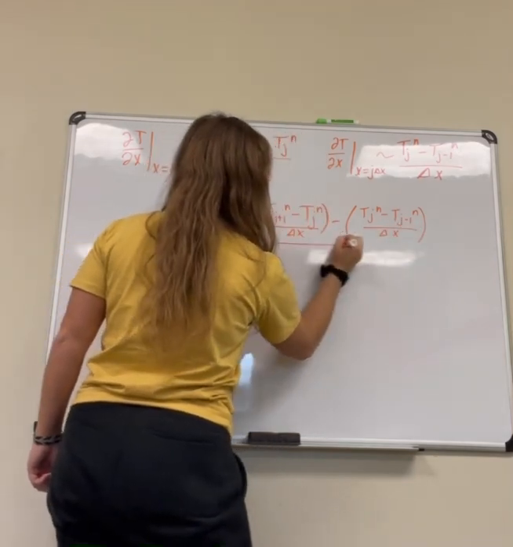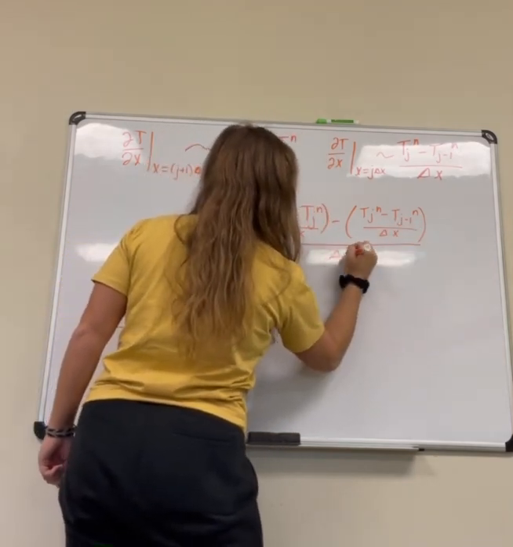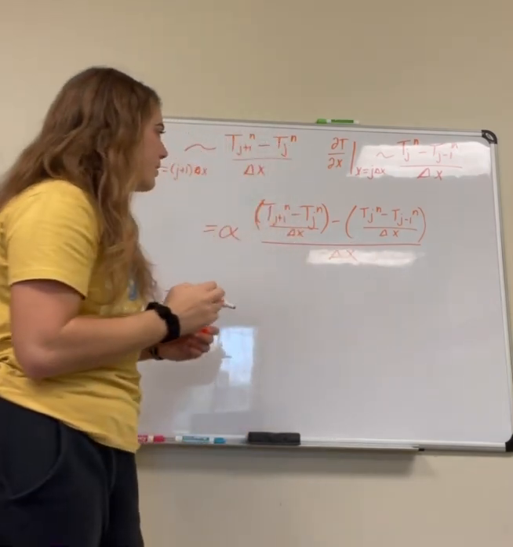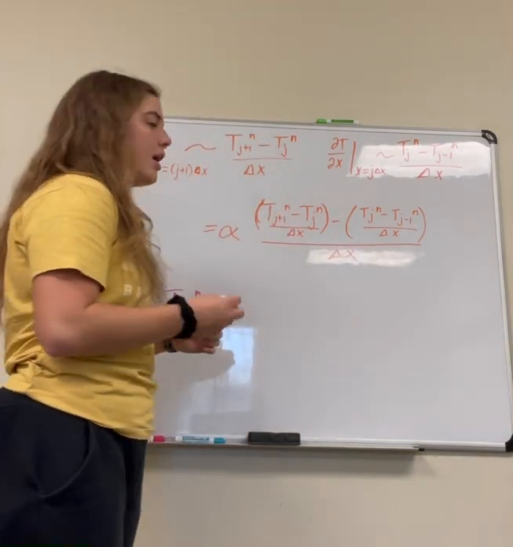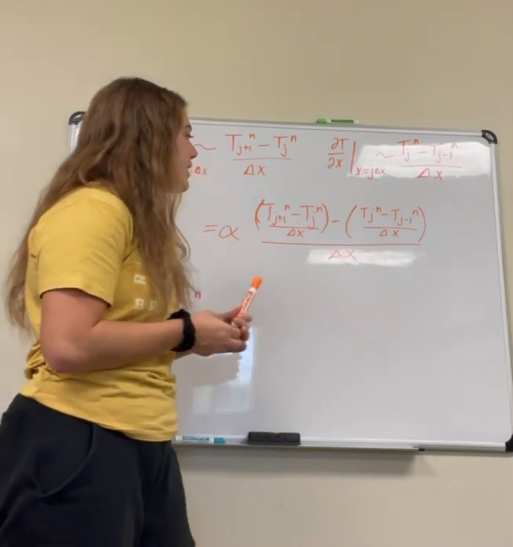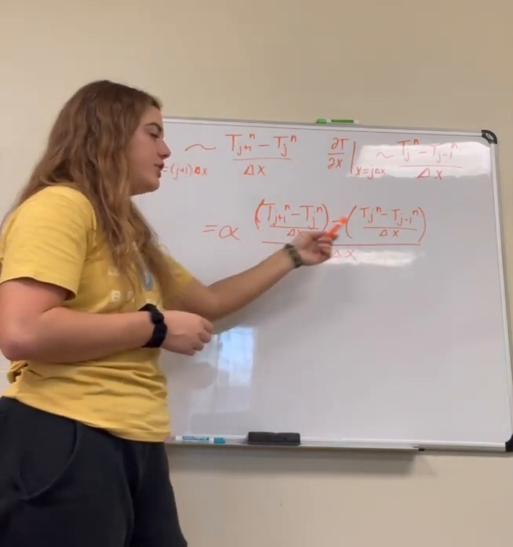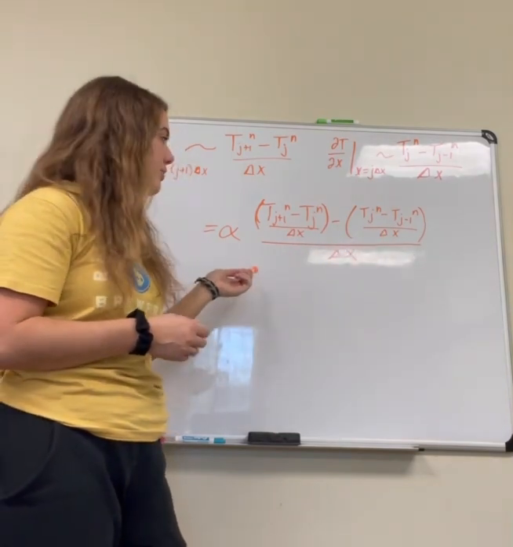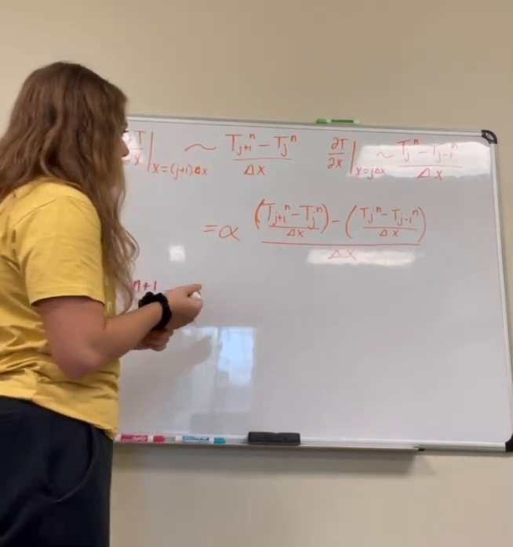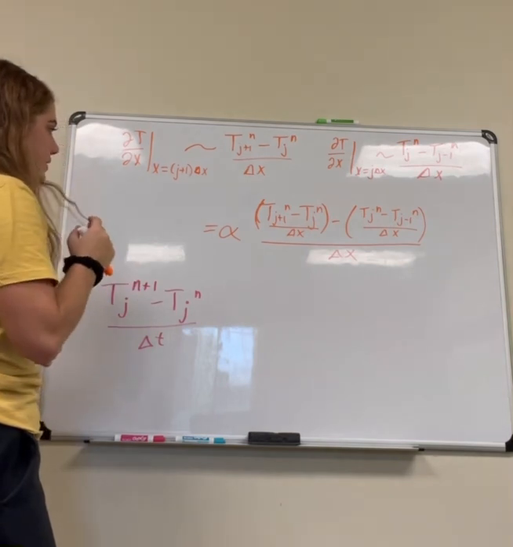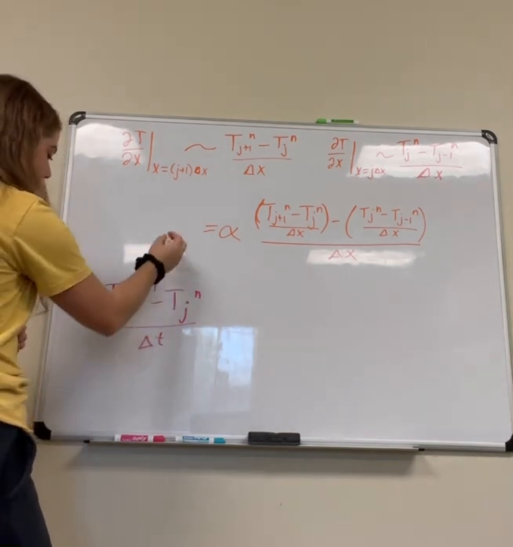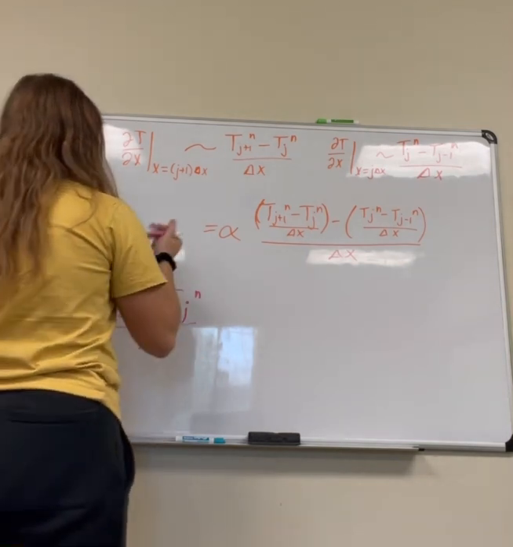And then putting all that over change in position. Okay, so basically you can then find your second derivative by the difference of the two slopes over the change in position. And so then all of this is going to be set equal to this, so I'll rewrite it back up over here.